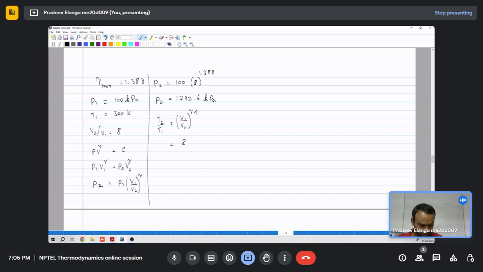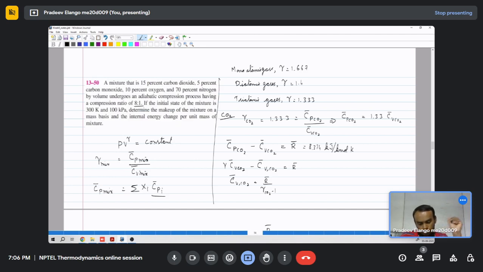So T2 is T1 times the other term, so we have 300 times 8 to the power gamma minus 1, which is 0.388. So that is 672 Kelvin. Now we have to calculate the mass basis at this high pressure and temperature.